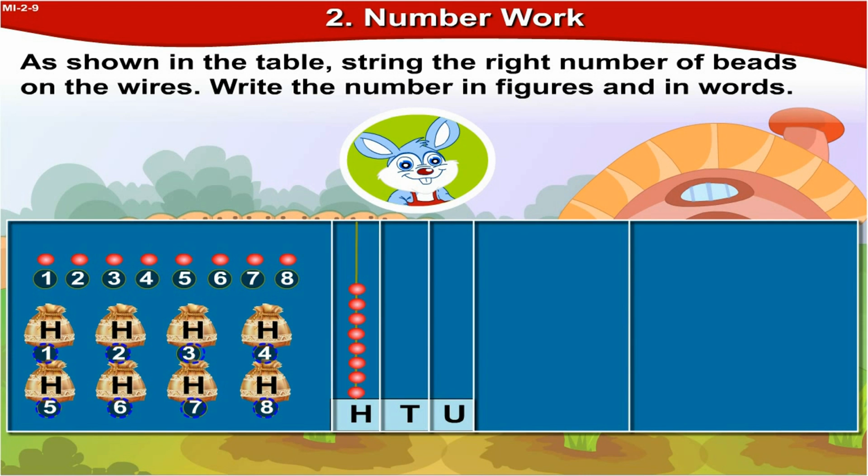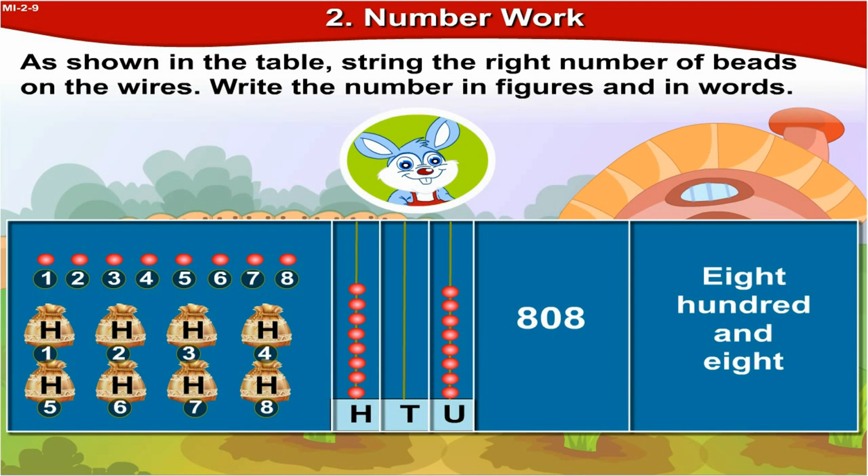So at the wire of hundreds, we'll make 8 beads. There will be no bead at the tens wire and 8 beads at the units wire. In figure, it is 808 and in words, it is eight hundred eight.